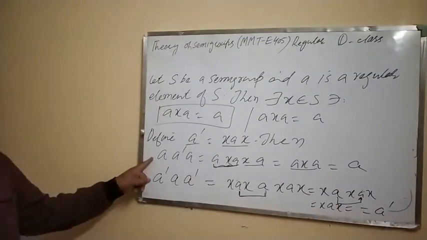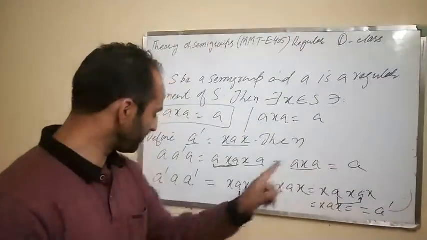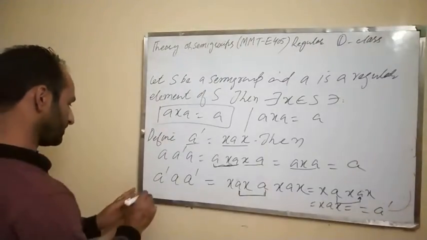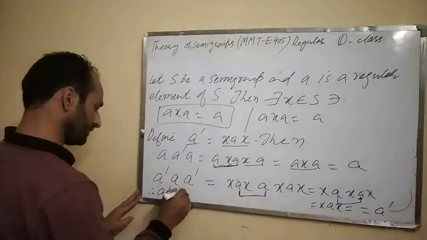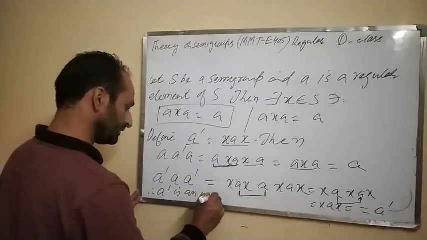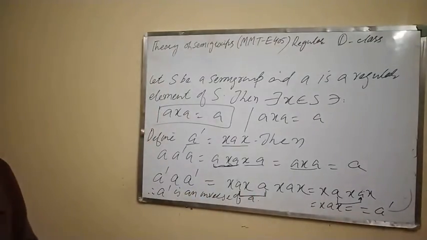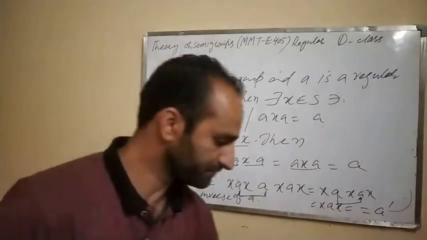So that means A dash A is equal to A dash. So therefore A dash is an inverse of A. A dash is an inverse of A.